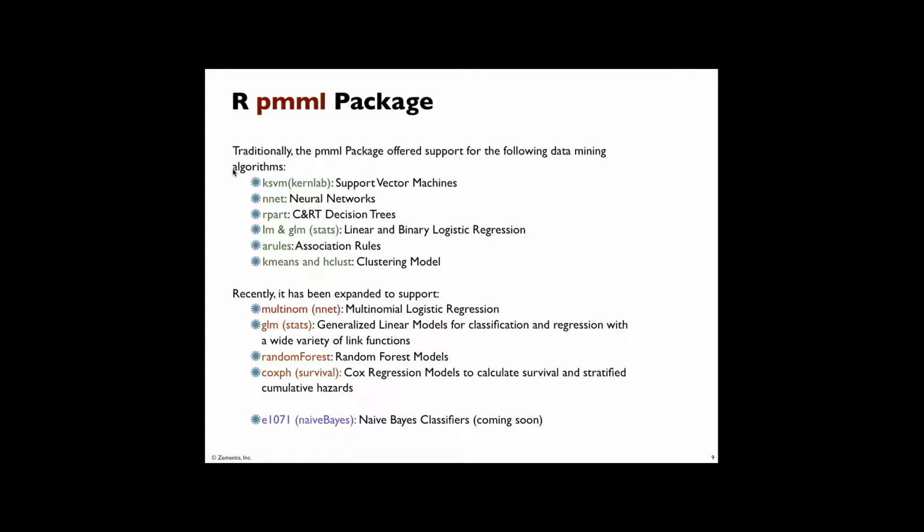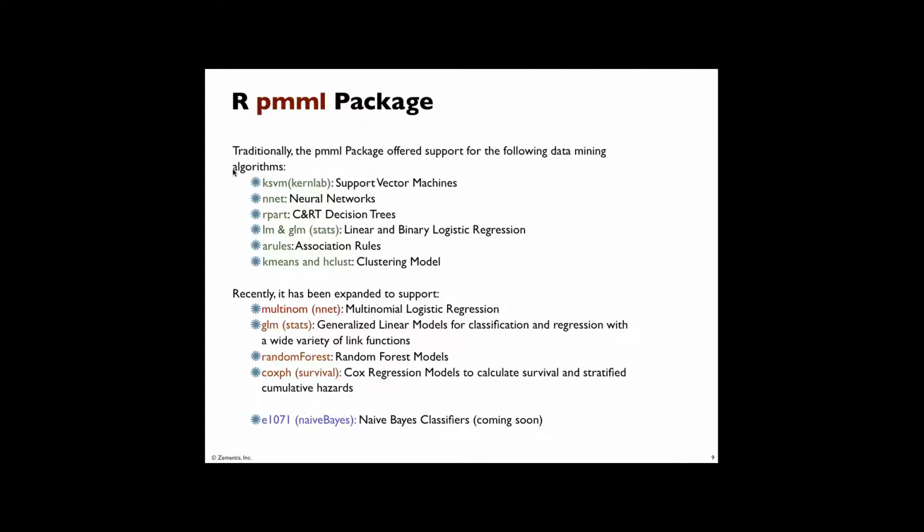So the next step, for example, you make the neural network with the right package, the nnet, and then you use the PMML function to output that model in PMML. So here are some of the example models which can be, once you make it in the appropriate package, output in the PMML language. So you can see support vector machines, neural network, trees, regression, clustering model, association rules.